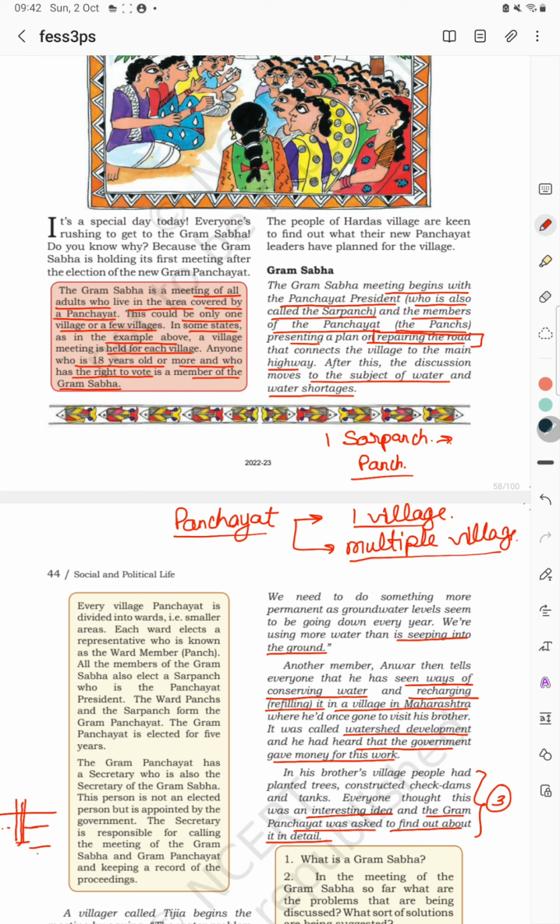Suppose there are a number of people. Those people of the village who are adults, meaning greater than 18 years and with a right to vote in elections, they are the members of Gram Sabha.